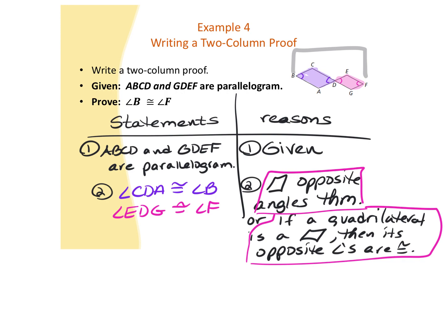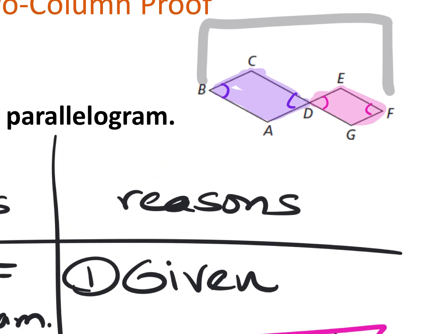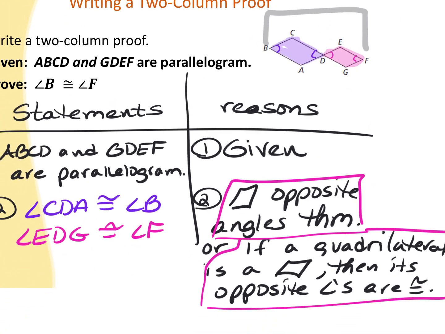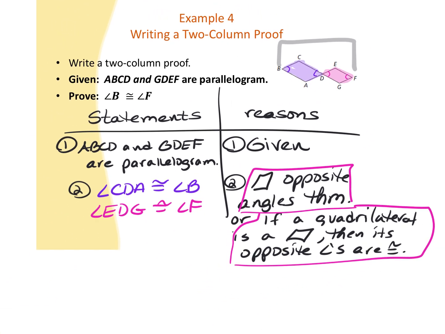So now, if you notice that since F is congruent to EDG, and if you think about it, these angles right here, these are vertical angles. And then I can do a substitution. So my next statement is going to be to name those vertical angles. So I'm going to state that angle CDA is congruent to angle EDG.